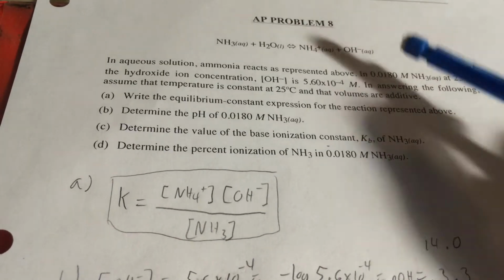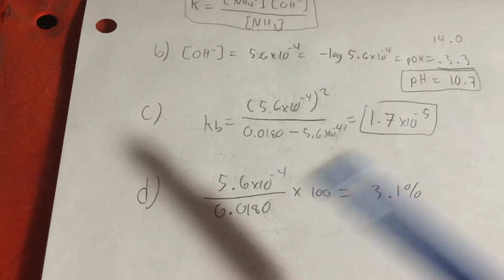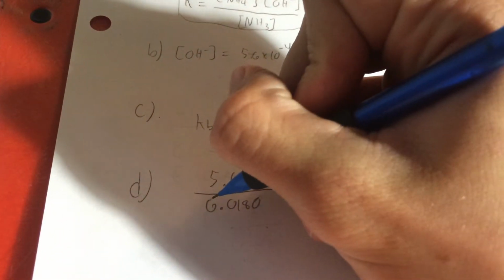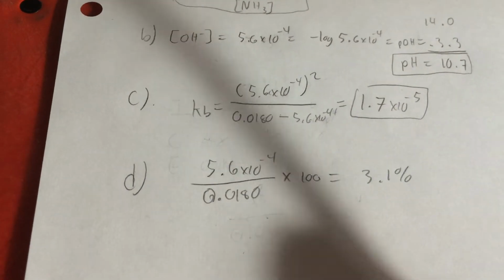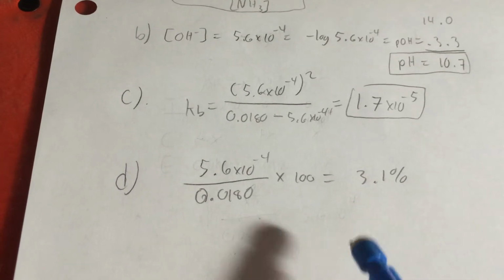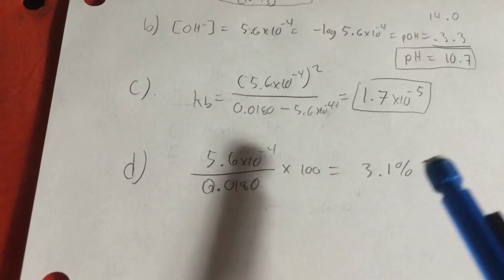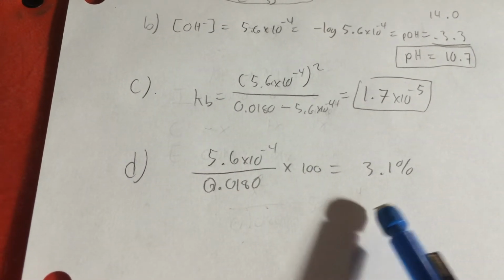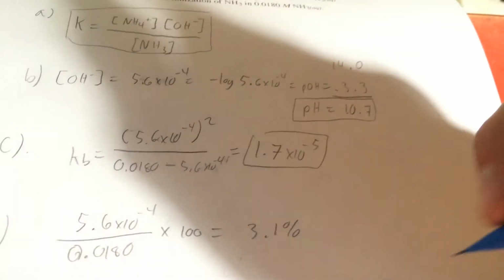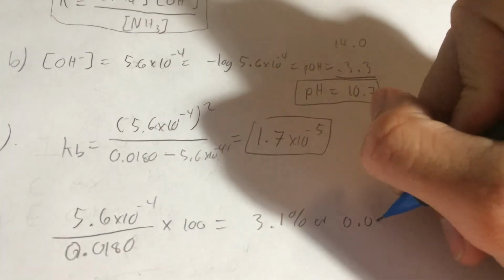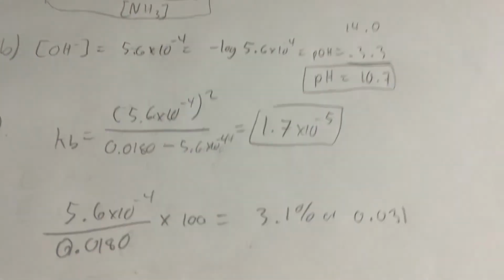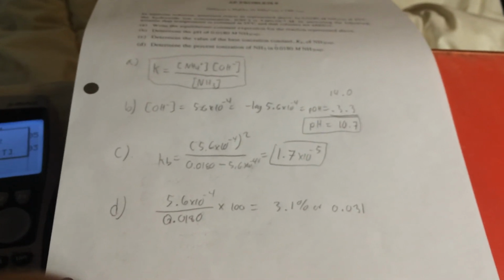You just take the concentration of OH minus and put it over the molarity of the NH3, and you multiply it by 100 because you want percent, and you get 3.1%, or if we wrote this out in decimals, it would be 0.031. And that's all for this AP problem. Thanks.